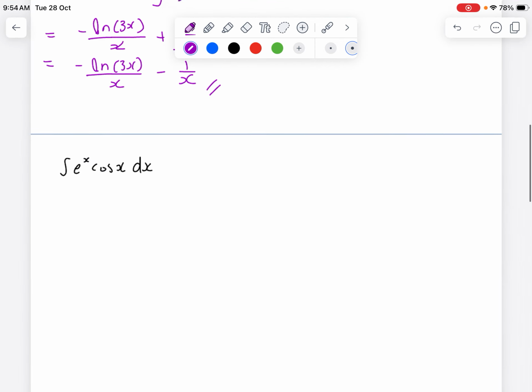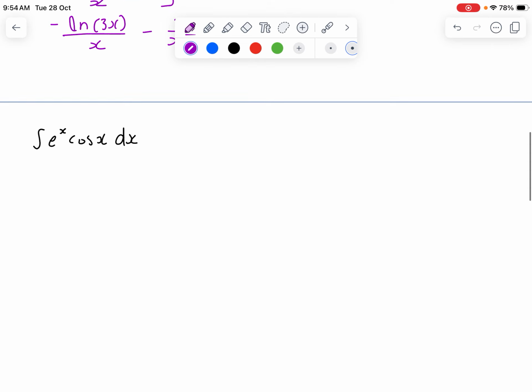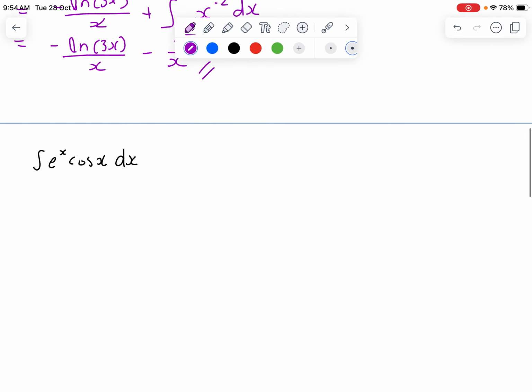Finally, let's move on to our last problem, which is even more complicated. We have trig. But again, the idea remains the same. We want to find out what u is, what dv is, what du is, what v is. So here we have e to the x and cosine of x.